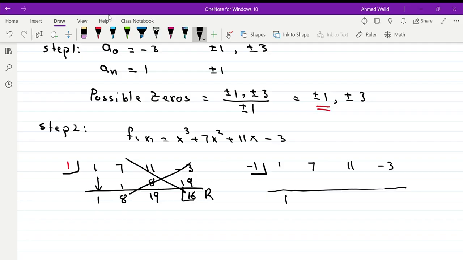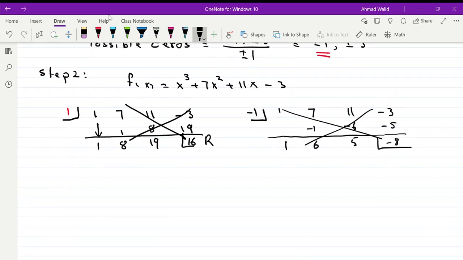Bring down 1. 1 times -1 gives you -1. 7 minus 1 gives you 6. -1 times 6 gives you -6. 11 minus 6 gives you 5. 5 times -1 gives you -5. -3 minus 5 gives you -8. It means -1 is also not your zero, correct?